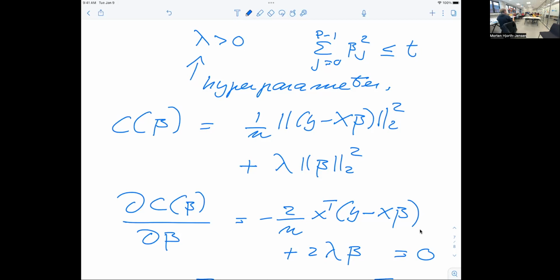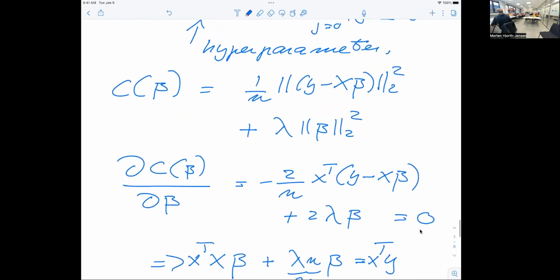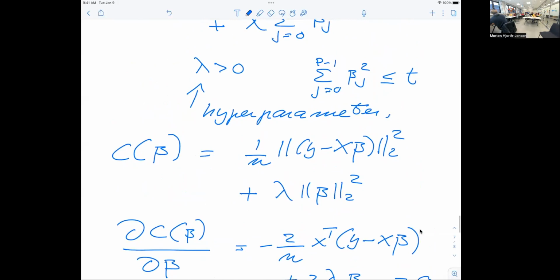So now just look at this as a way, if you're familiar with the Lagrangian formalism, you can always add some additional parameter, a Lagrangian multiplier, and then you have another optimization problem. So this is actually an optimization problem with a constraint, where we put a constraint on the sums of these betas.